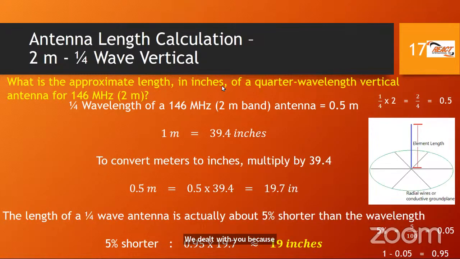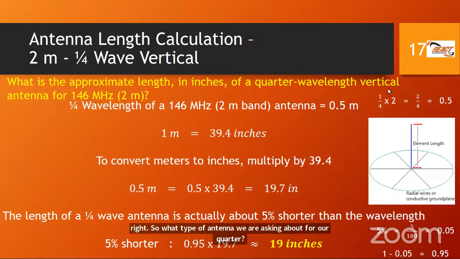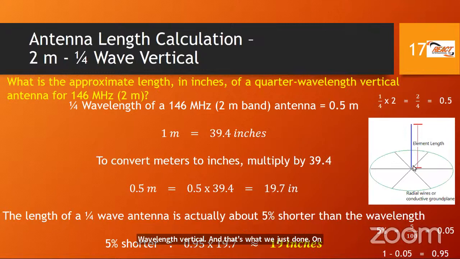What's different is the type of antenna and the frequency band of the antenna, or the wavelength, all right? So what type of antenna are we asking about? Our quarter wavelength vertical, and that's what we just dealt with. And on the right-hand side, we've reproduced that antenna. This is the length we're talking about here, and it needs to be quarter wavelength, not half wave, not full wave, quarter wavelength.